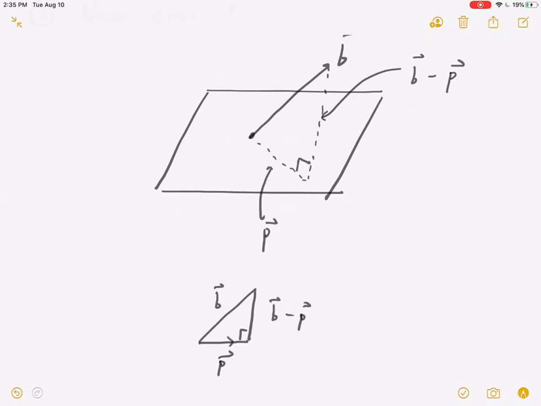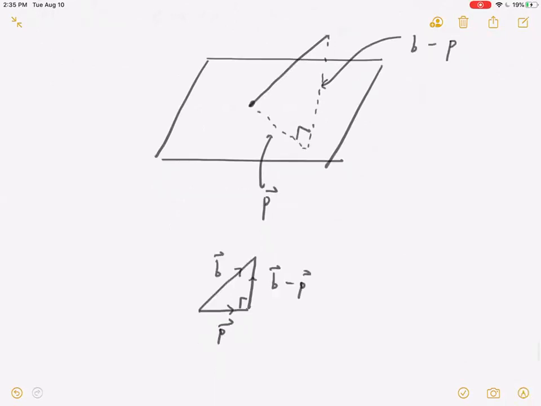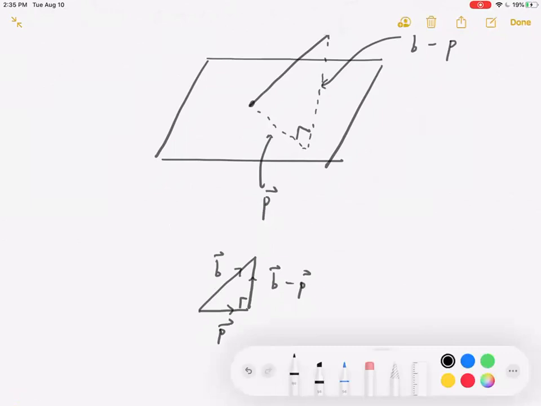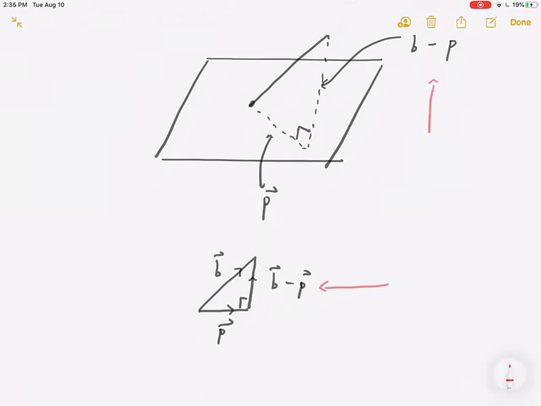And we just use the laws of vector addition. You can prove to yourself that that's right. So this guy, B minus P, I'm going to give it a special name for reasons that will be clear before the end of today's lecture. I'm going to call this the error.